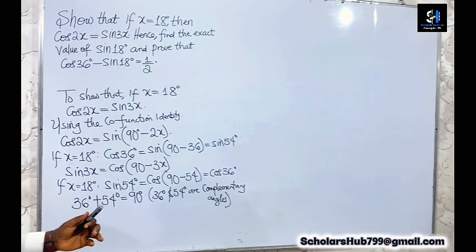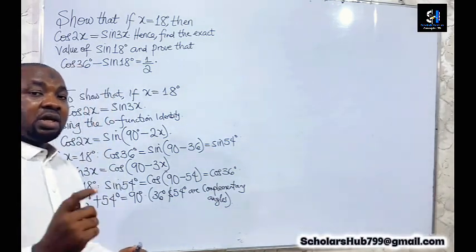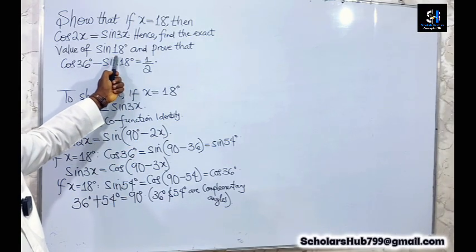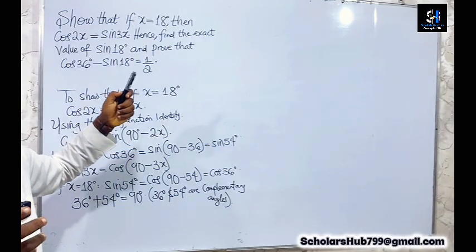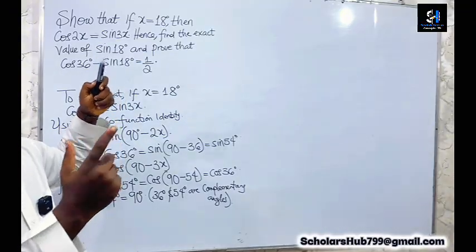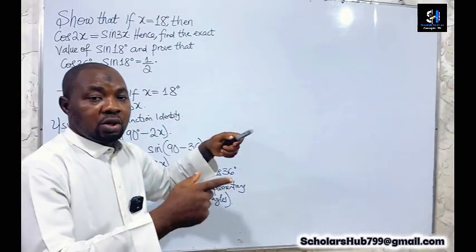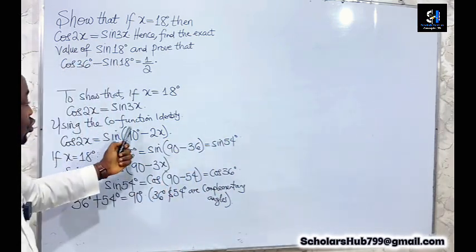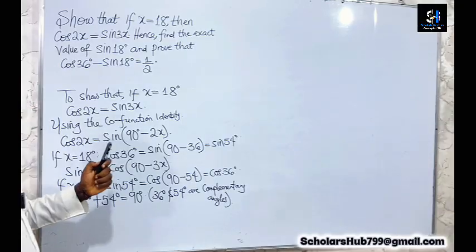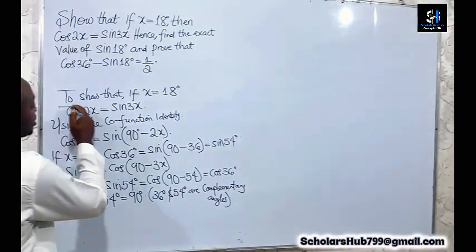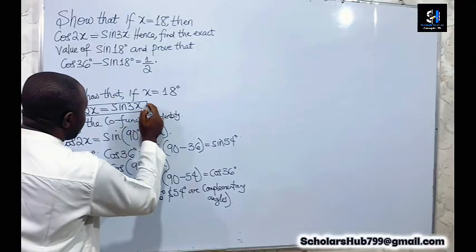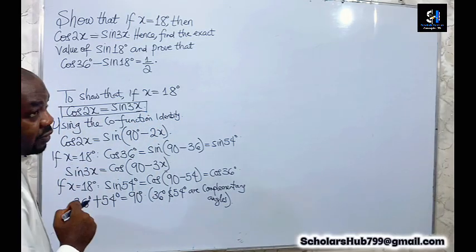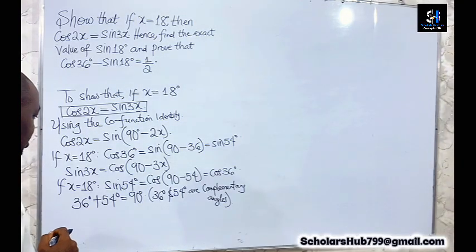So to find the exact value of sine 18 degrees, let's not make the mistake of expanding 18 degrees, like by writing sine 18 degrees equals cos of 90 minus 18. That is using the cofunction identity. So for a question like this, I'm going to use this same identity to obtain the exact value of sine 18 degrees.